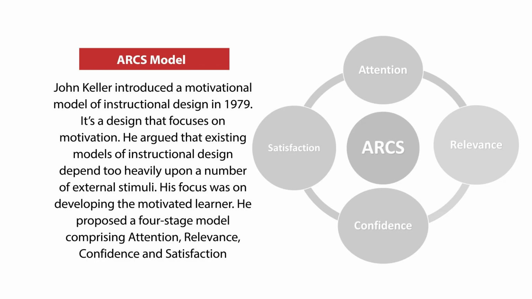The model, as I said just now, is based on motivation. The focus of John Keller in this model was on developing a motivated learner. So he developed a 4-stage model which comprises, I repeat again, attention, relevance, confidence, and satisfaction.